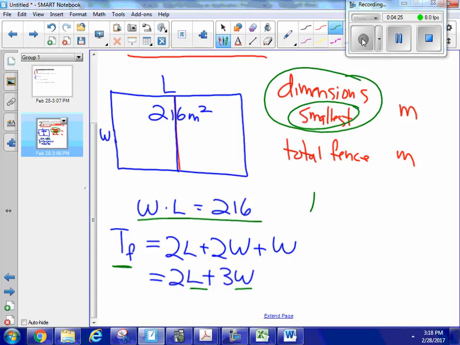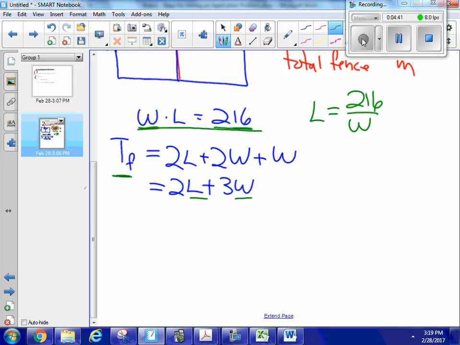But I can see from this equation that my length is equal to 216 divided by my width. I just divide both sides by W, and I get length is equal to 216 over W. So now I have an equation here.